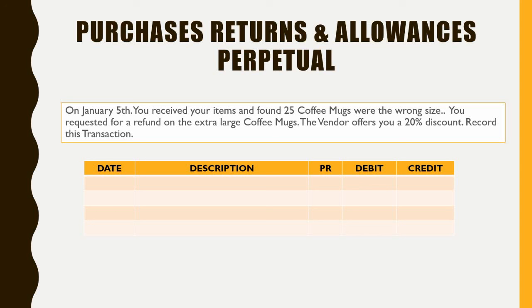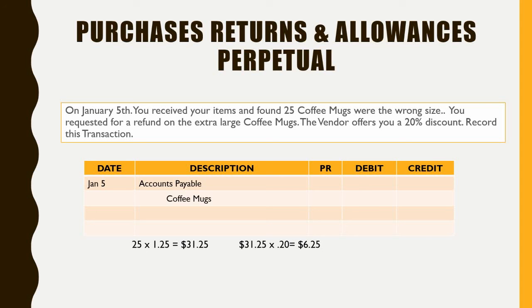It's a refund, so you're going to debit accounts payable and credit inventory. That's exactly correct. If everything goes into inventory, everything's going to be taken directly out from inventory. Exact same concept, except this time I'm only getting a 20% discount off of the 25 mugs that I'm returning.